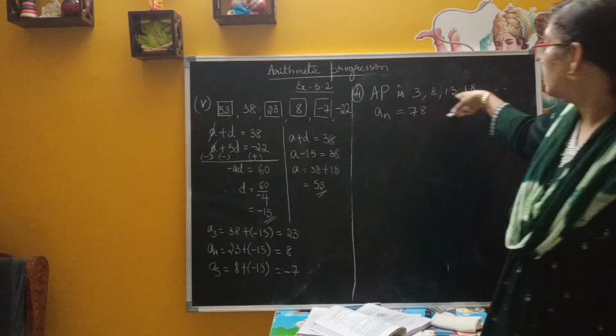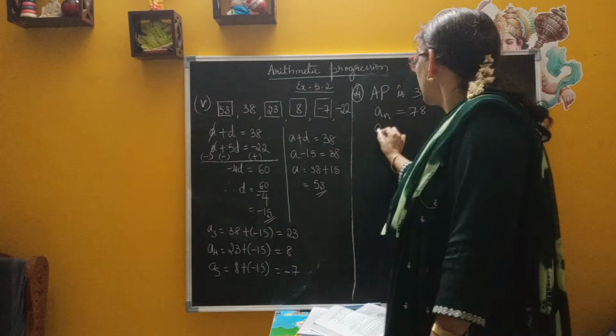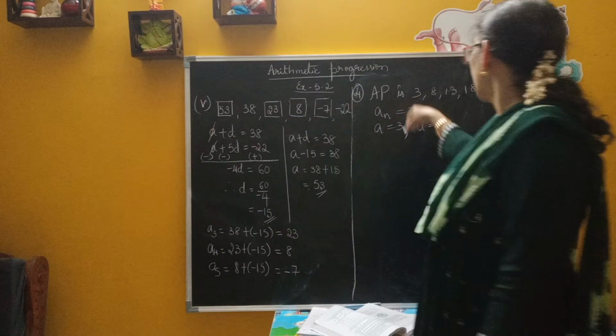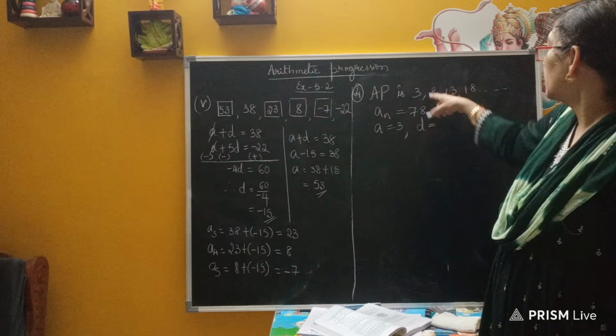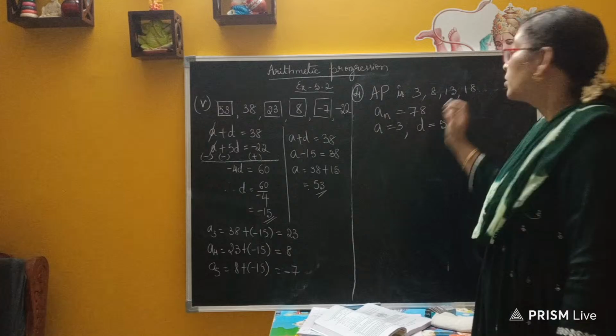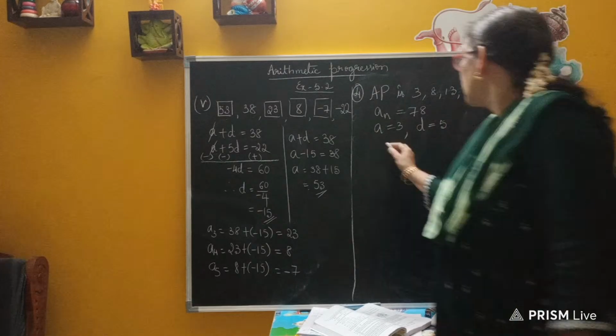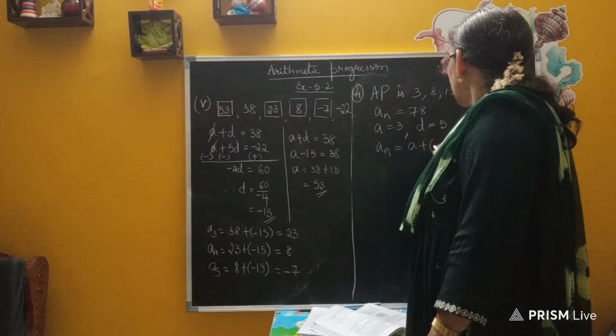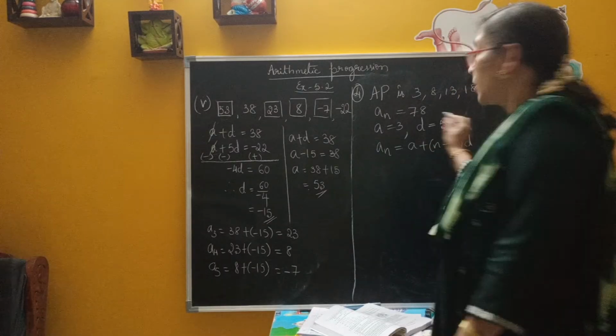By the series, what do you understand? a is equal to the first term, 3, and d, the common difference. 8 minus 3 is 5. 13 minus 8 is 5. d is equal to 5. So let us find now. So an, what is the formula? an is equal to a plus n minus 1 into d.